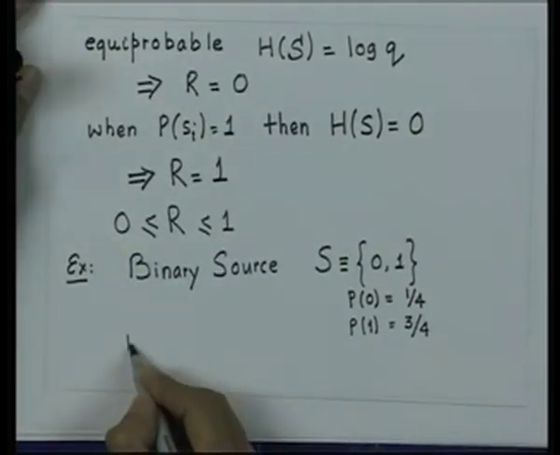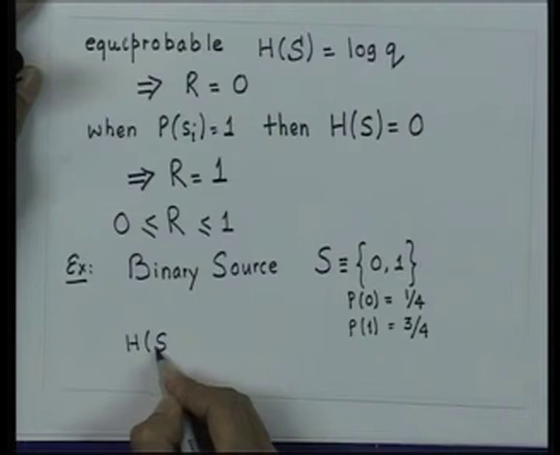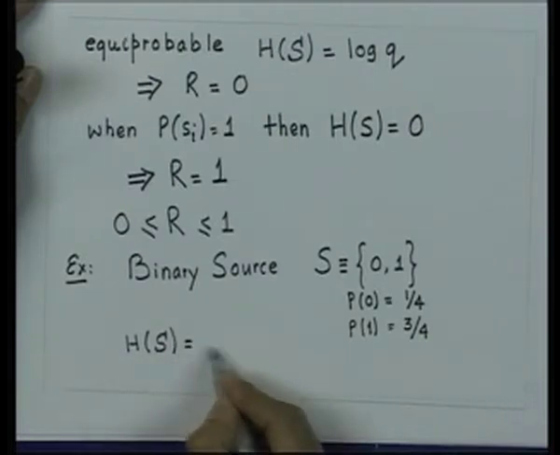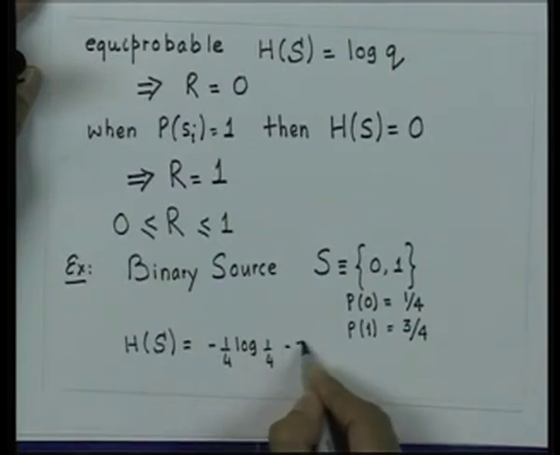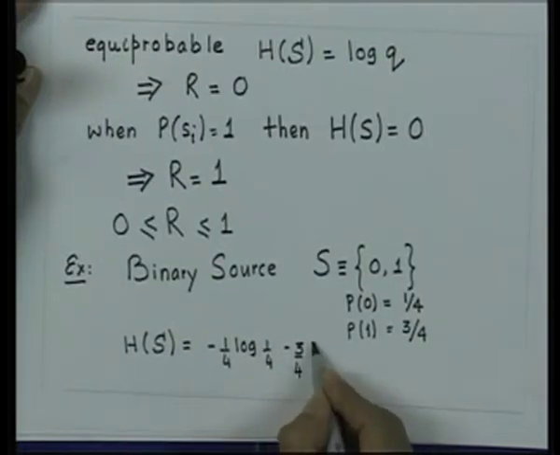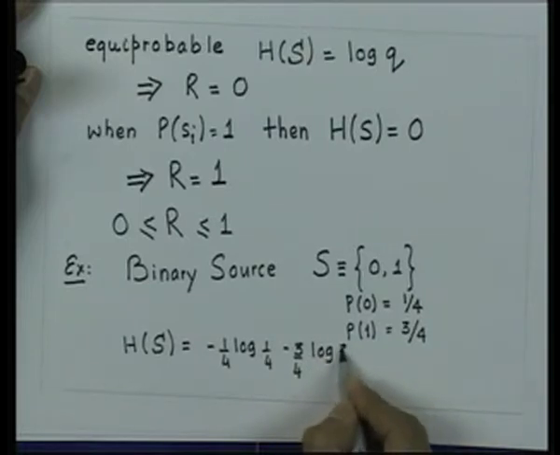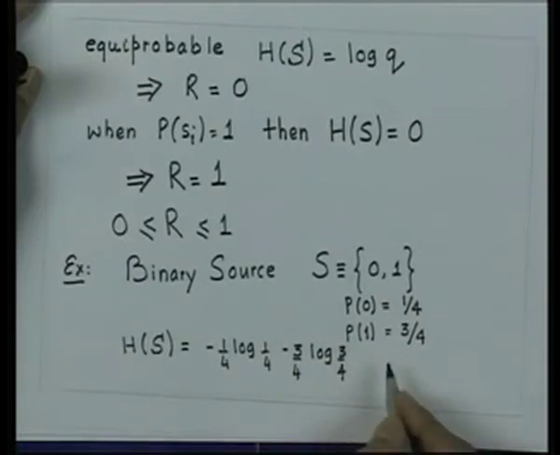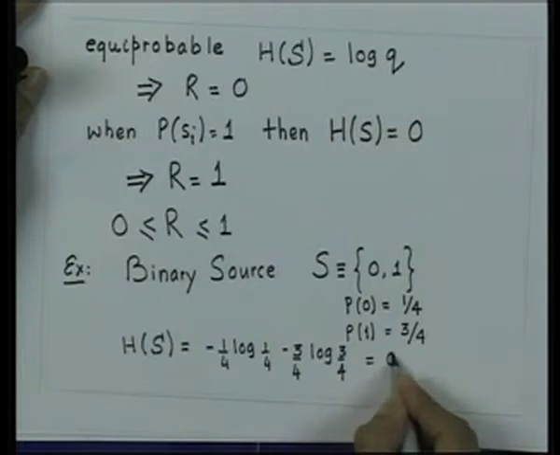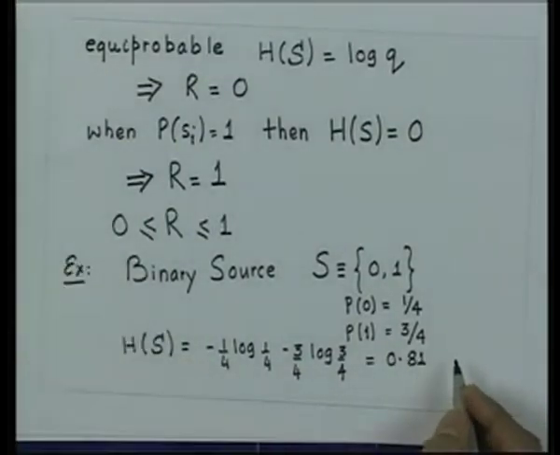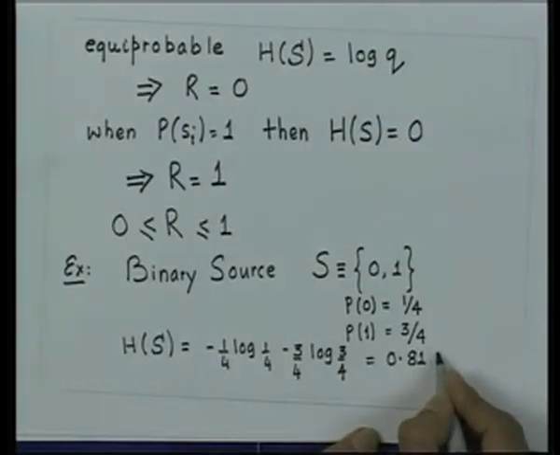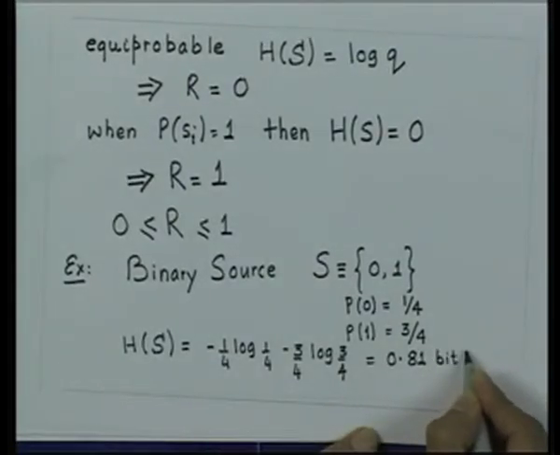Now, I can simply calculate the entropy of this source as Hs equal to minus 1/4 log of 1/4 minus 3/4 log of 3/4, and this turns out to be 0.81 bit per symbol.